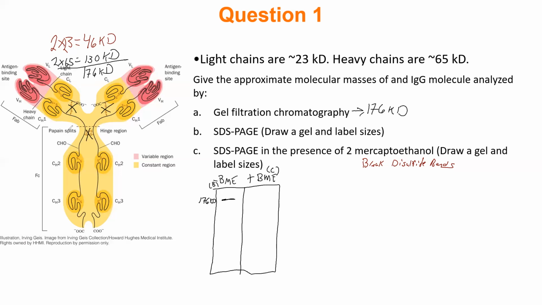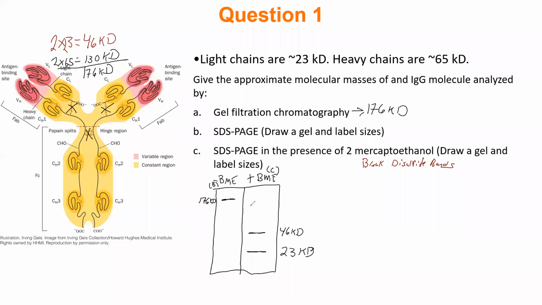And so each heavy chain and each light chain are now separate from each other. So if I do SDS page with beta mercaptoethanol, I would expect two bands. One is my heavy chain band, which is roughly 46 kilodaltons. One is my light chain band, which is 23 kilodaltons.